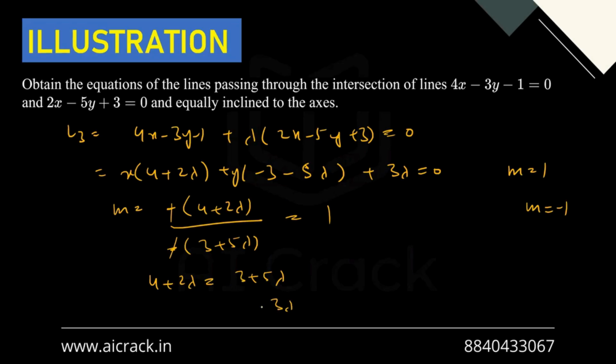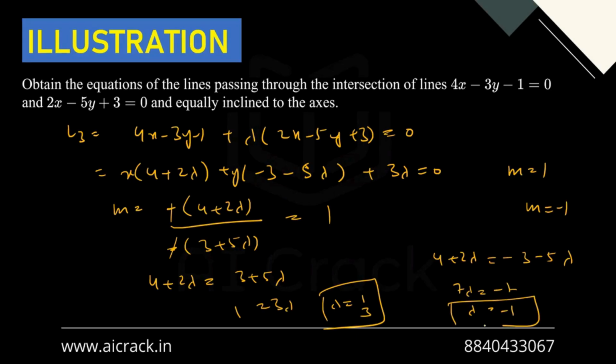That would give me 3 lambda equals to 1, lambda equals to 1 by 3. And for the other case, that would give me 4 plus 2 lambda equals to minus 3 minus 5 lambda. That would give me 7 lambda equals to minus 7, lambda equals to minus 1. So for these two lambda values, we can find out the two L3 equations.